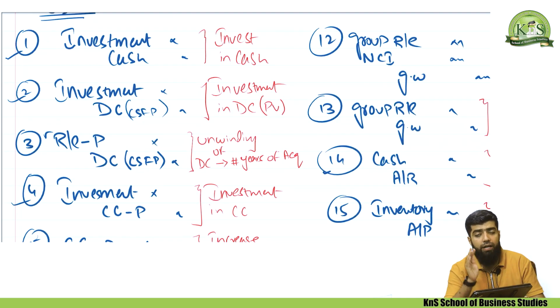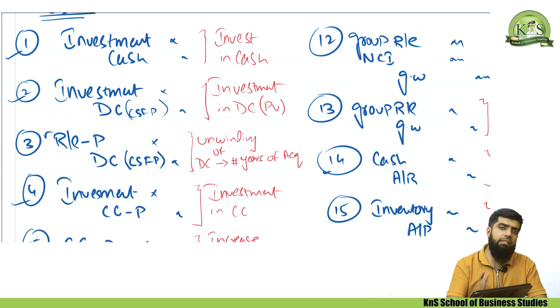This will help you out, and after practicing it, you will never forget to adjust these adjustments in the upcoming workings or in the preparation of the consolidated statement of financial position.